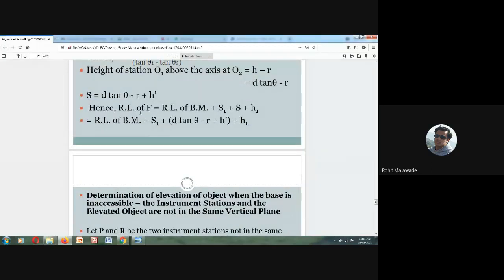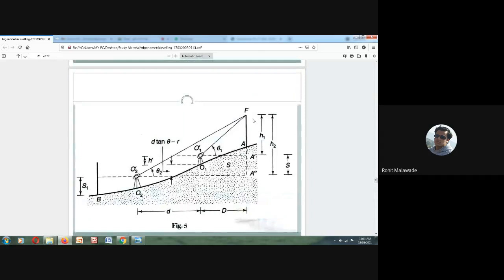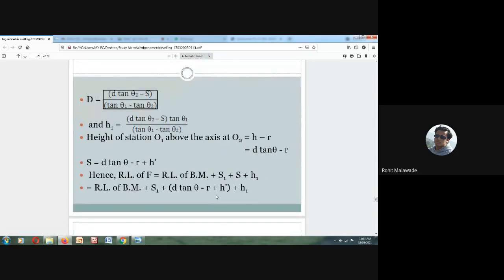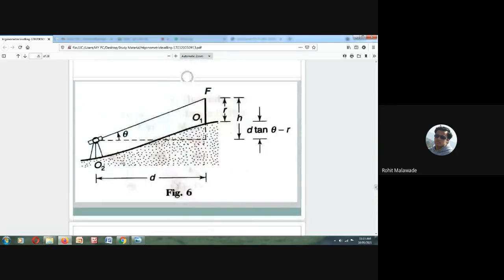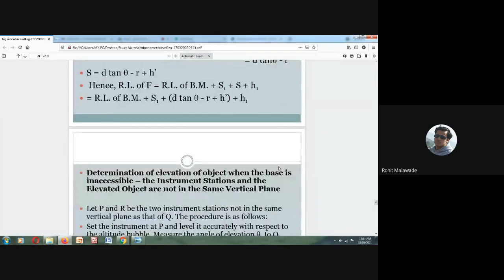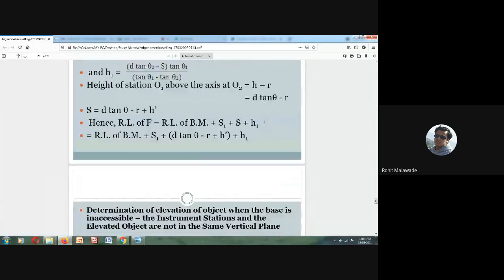We want the RL of F, and we can calculate it by using the formula: RL of BM plus S1, where S1 is the height up to this particular point, plus S, plus H1.